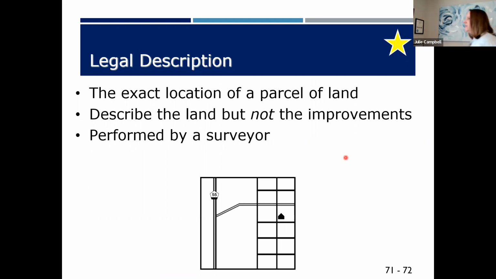It doesn't specifically mention the improvements, but we know the improvements within the property line are pertinent, which means they're going to convey. Surveyors are the ones that identify the property descriptions. We're going to talk about survey, and the importance of encouraging your buyers to have a survey done before they purchase. We'll talk about that in just a second.